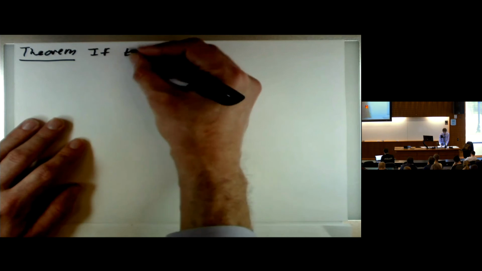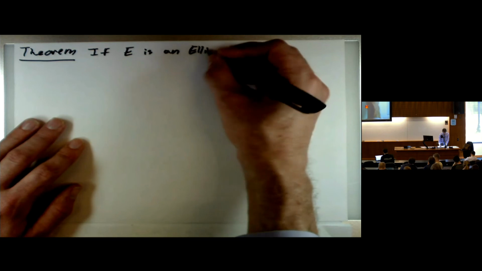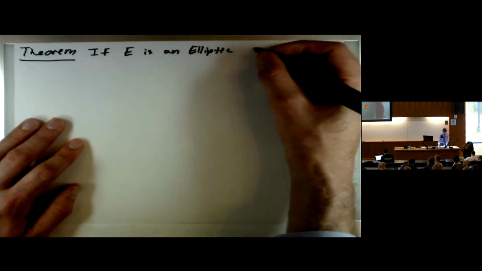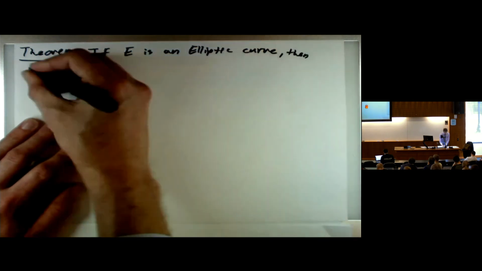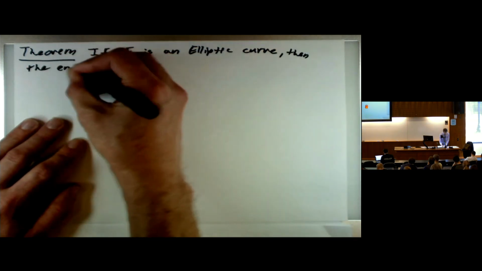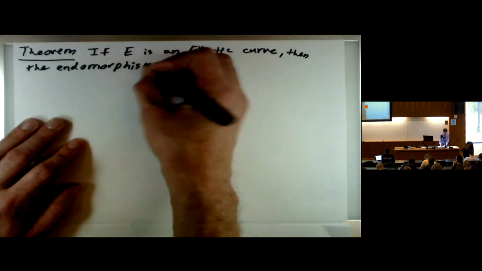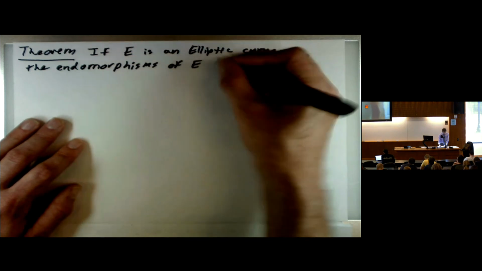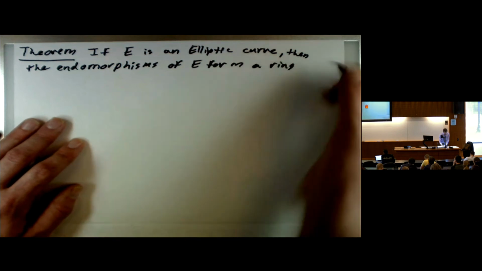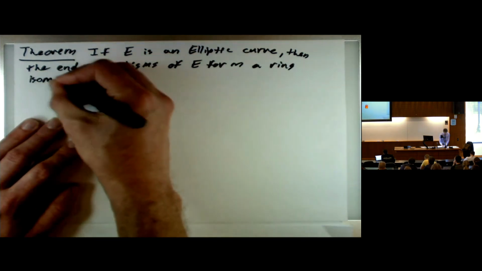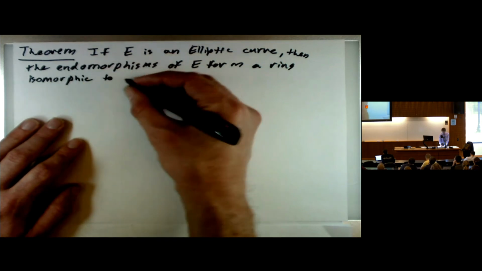If E is an elliptic curve, then the endomorphisms of E form a ring isomorphic to one of the following.